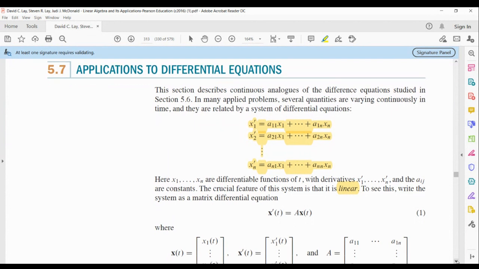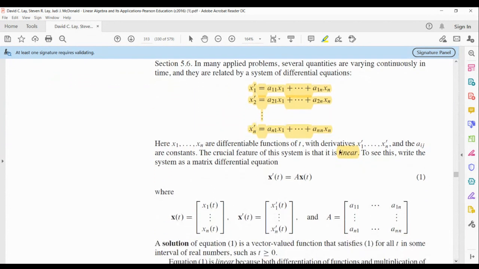Now, we can represent this linear system of differential equations by this matrix differential equation. We're going to take the derivative of the vector x, which is a function of t. So x of t is defined as this vector of functions, x1 of t, x2 of t, up to xn of t.